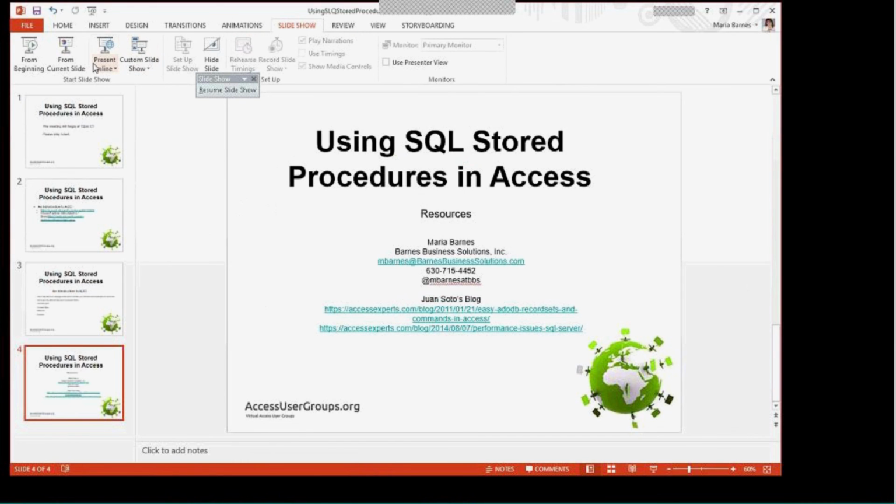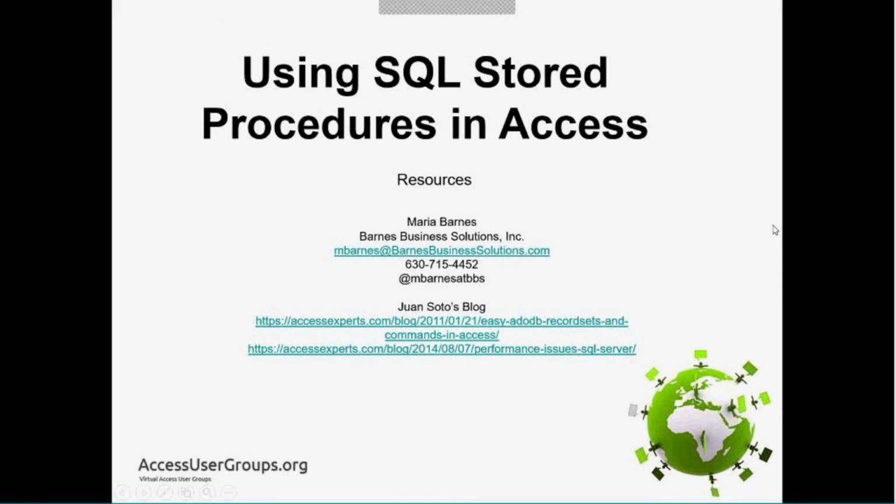I'm going to put this back up here. There we go. So this is just resources from today. This is how you reach me. And then this references Juan Soto's blog. Again, there are two pieces that I found very interesting.